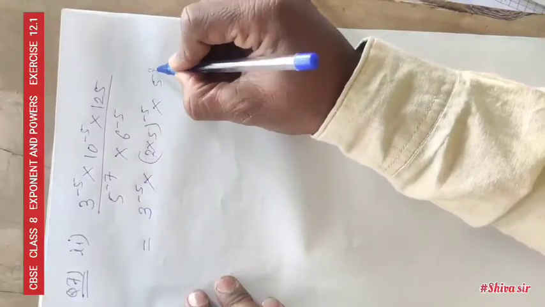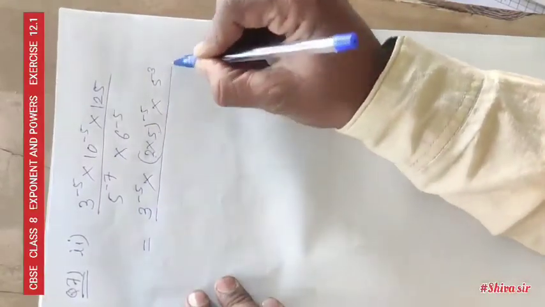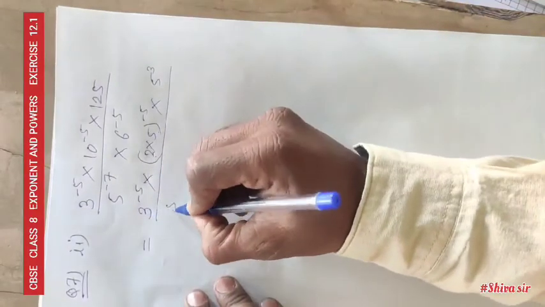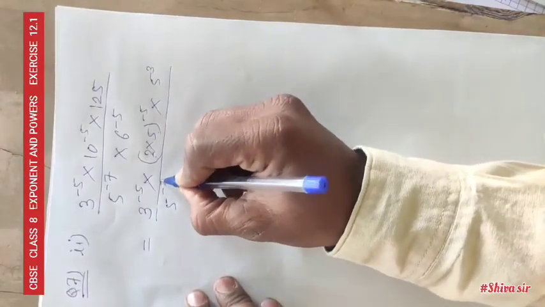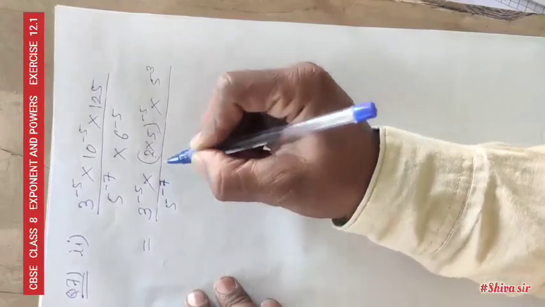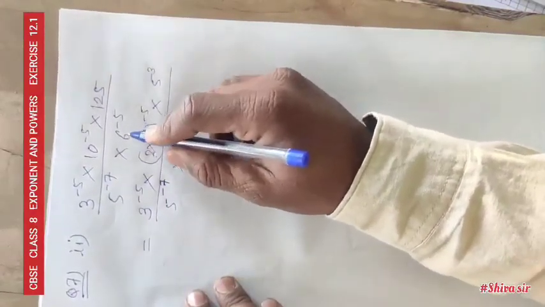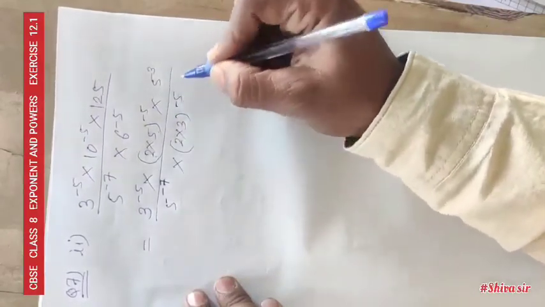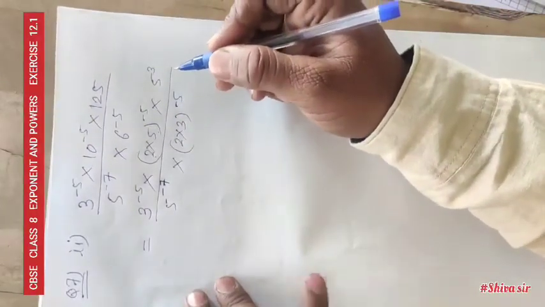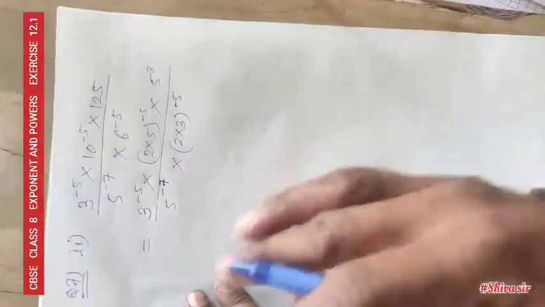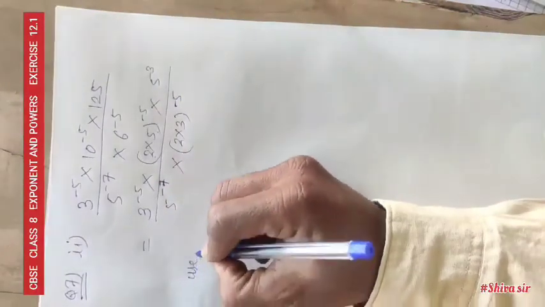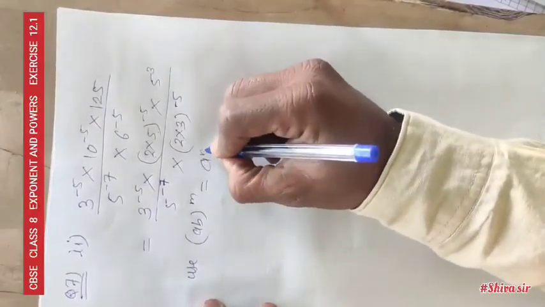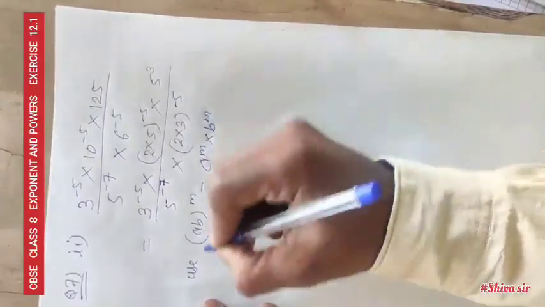Into 125. We can also write it as 5 cube, because we know 5 cube is equal to 125, upon 5 raised to the power minus 7 into, again using the factors 2 into 3 instead of writing 6, and the power is minus 5. Now simply use the formula a into b raised to the power m is equal to a raised to the power m into b raised to the power m.